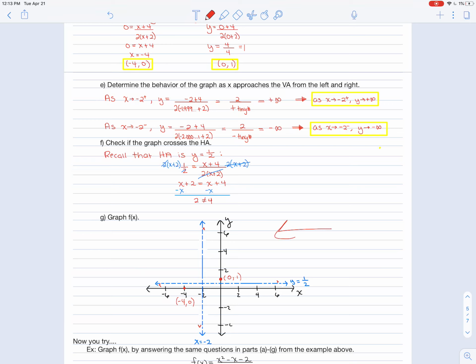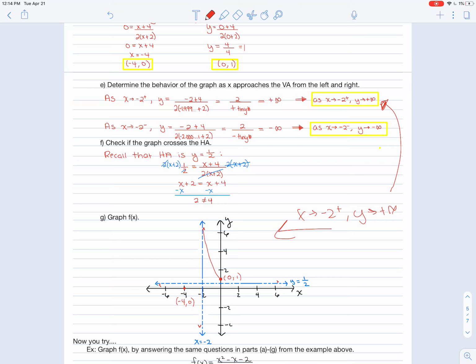So we're coming this way, -2 from the right. And notice that y is approaching positive infinity. This is what I'm looking at right here. So I know that as I get closer and closer to -2 from the right, my graph is going up.